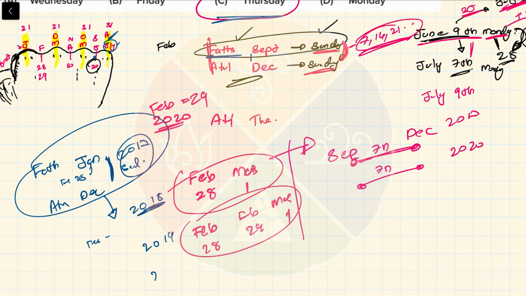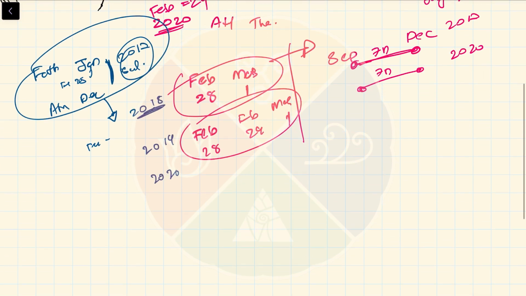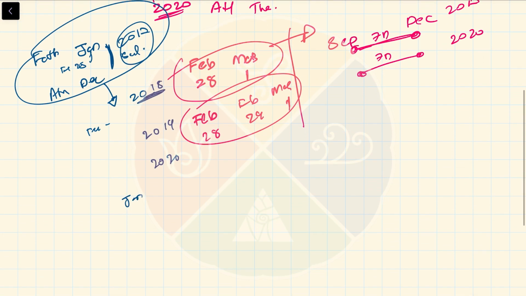2018, 19 also similarly, but 2020. The problem with 2020 is that after January, February will have an extra day, and then Atul's day will come. So one day extra will happen between them.